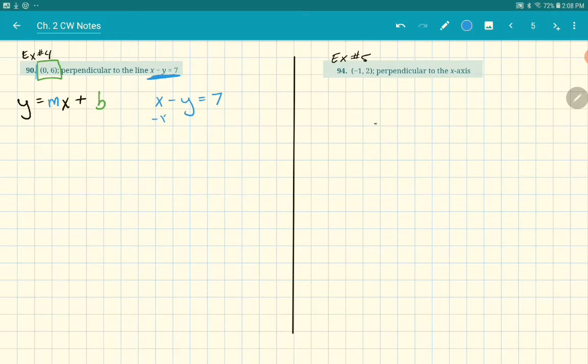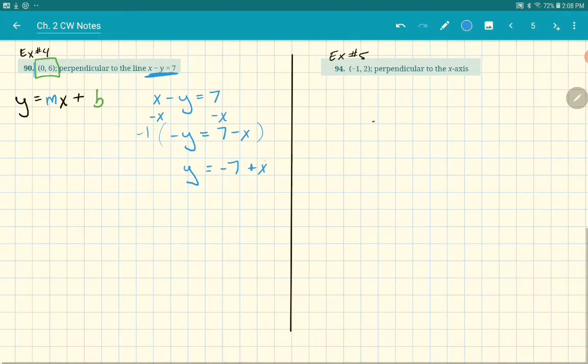So I want to subtract x from both sides, and I get -y equals 7 minus x, and then I want a positive y, so I'm going to multiply that whole equation by -1, flip everything, so -y becomes positive y, 7 becomes -7, and x becomes positive x.